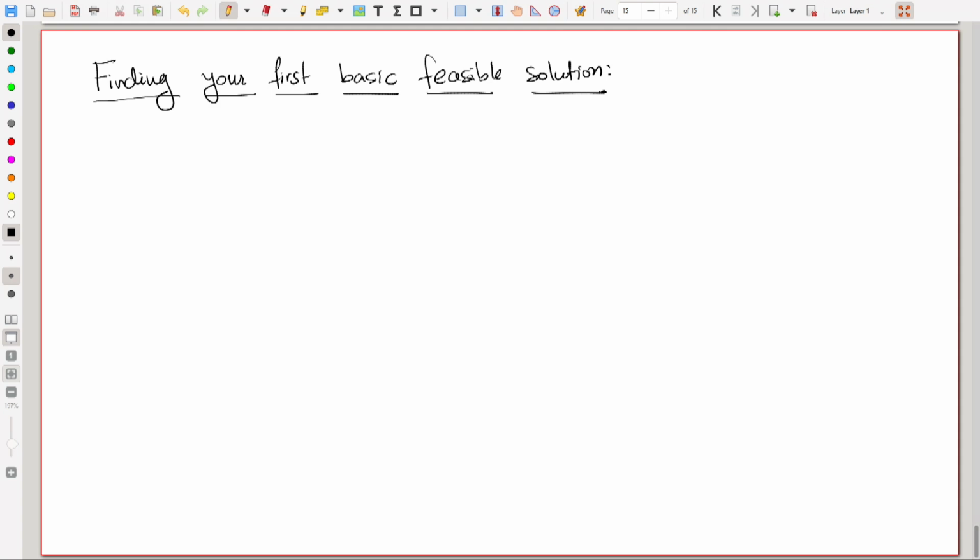Maybe it is best to do it with an example. So, let us say we have a linear program already put in equational form, something like z equals x 1 plus 2 x 2, that is your objective function. It does not matter now, because we are only looking for a basic feasible solution.